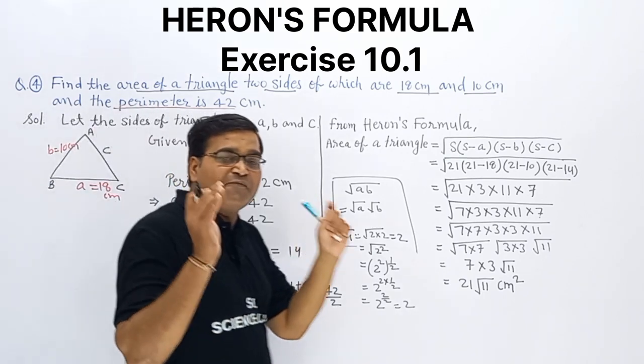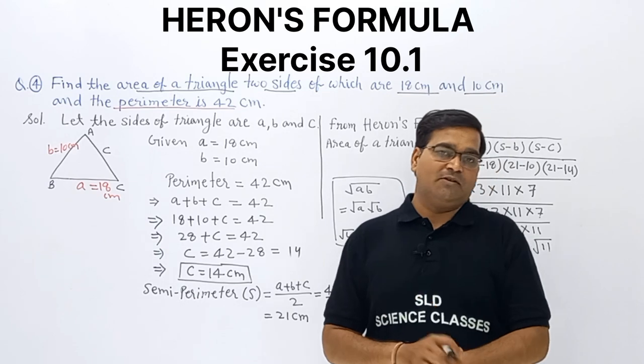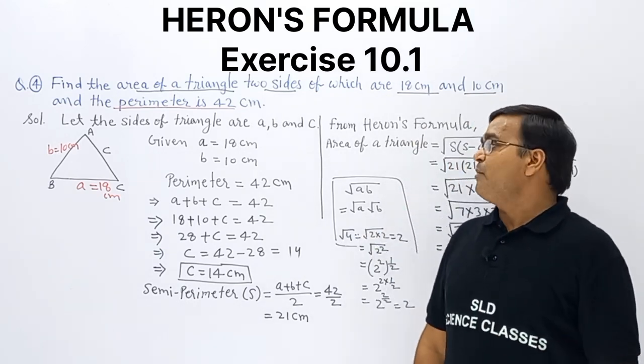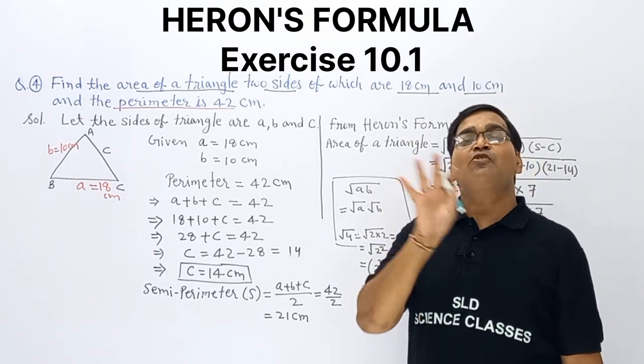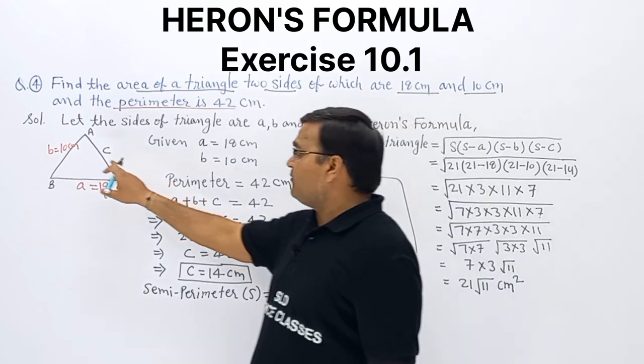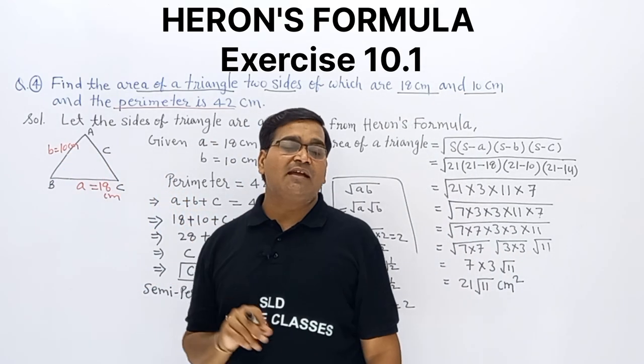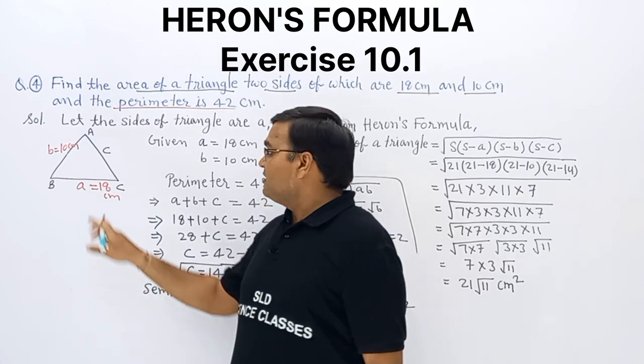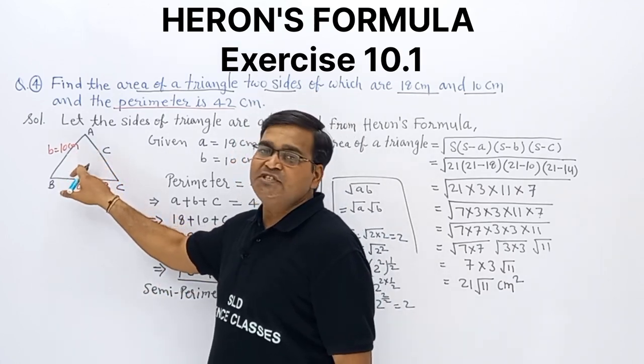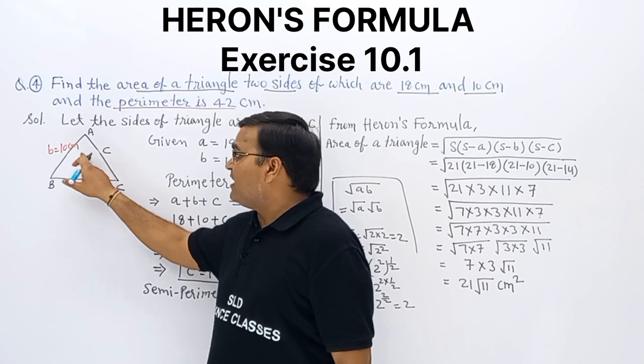Area is the surface enclosed by the boundary of the sides of a triangle. This surface enclosed by the boundary of sides of a triangle is called the area of a triangle. This is the area, we want this one, and it is a surface. How will we find this surface?